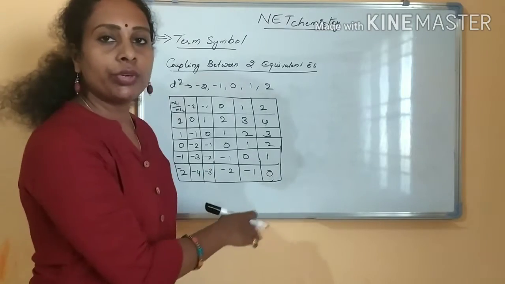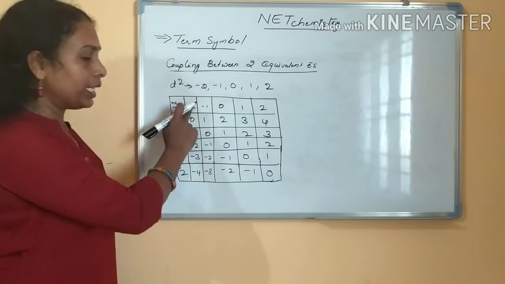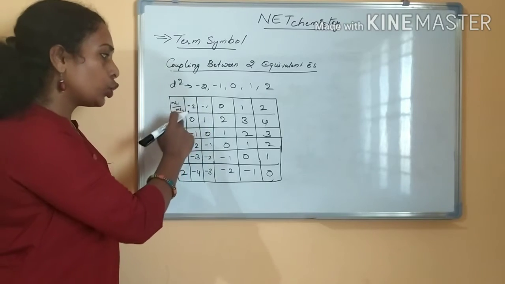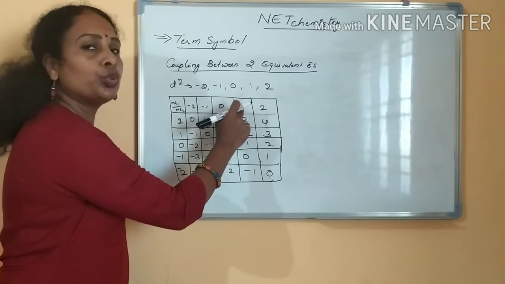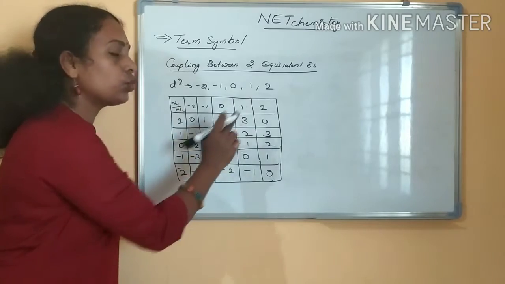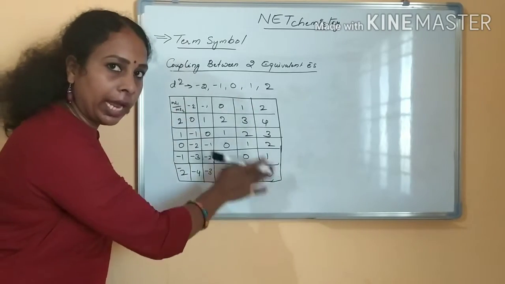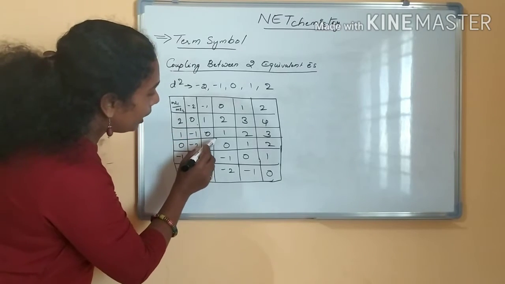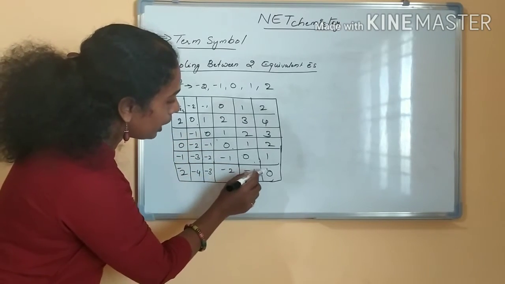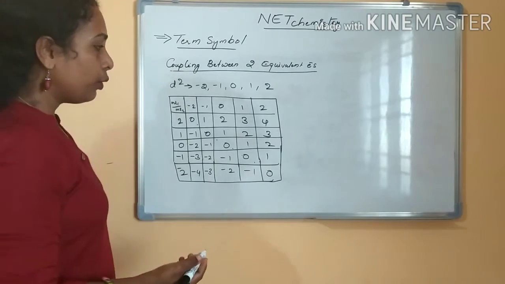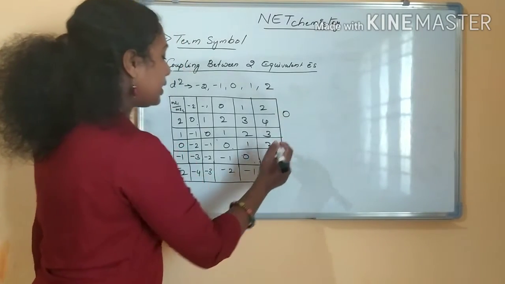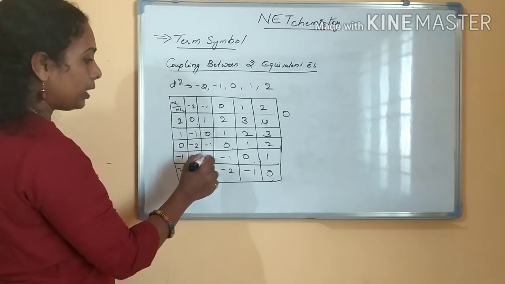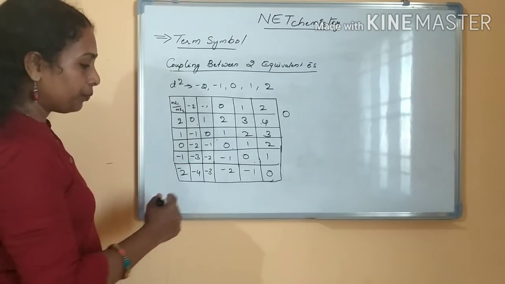This is the way you have to add. 2 minus 2 is 0, 2 minus 1 is 1, 2 plus 0 is 2, 2 plus 1 is 3, 2 plus 2 is 4. Like that you have to add all the L values. Then one of the diagonal elements you will be getting is 0. And the other diagonal has 4, 2, -2, -4.